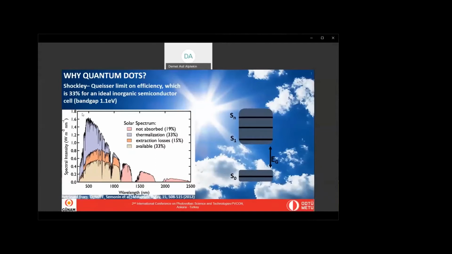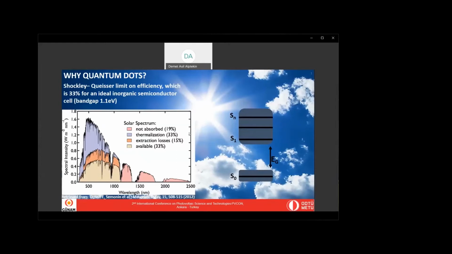We know that all the single junction photovoltaic cells have a limit on their efficiency, which corresponds to 33% of the solar spectrum. And the first energy loss mechanism is due to not absorbed photons.